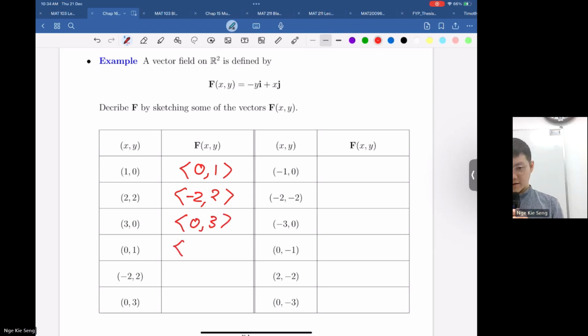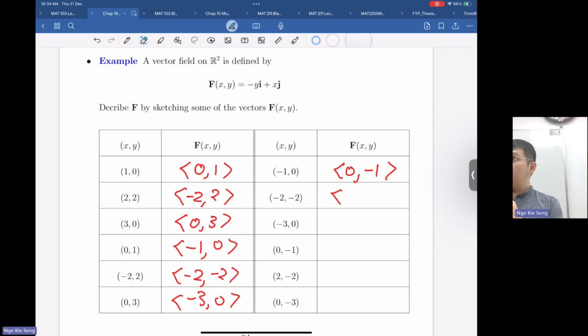And then minus 1, 0. Minus 1, minus 2. Minus 3, 0. 0, minus 1. 2, minus 2. 0, 3. 0, minus 3.